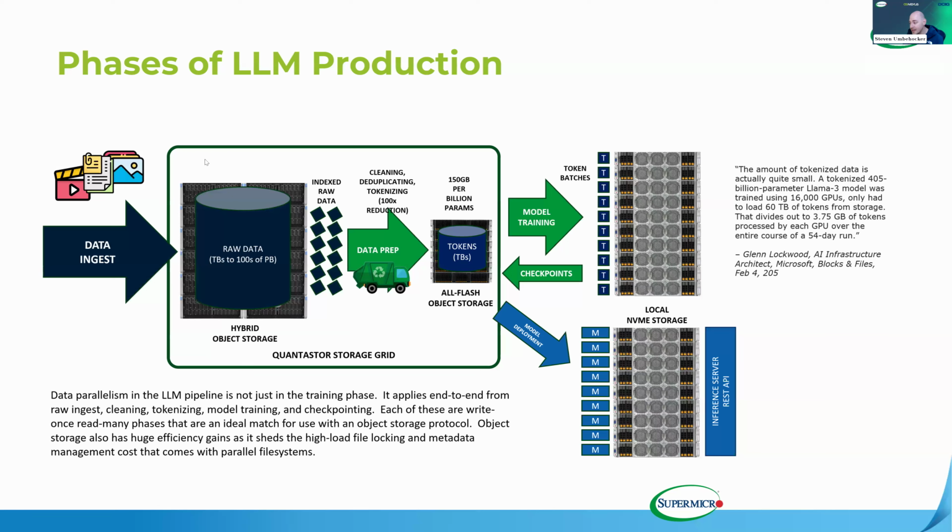But then at the end of that, you've got these tokens that have been produced that you can then start to feed into the model. The tokens are also chunked up into pieces, and then they're fed into the individual GPU servers to work on, which again is perfect for object storage.